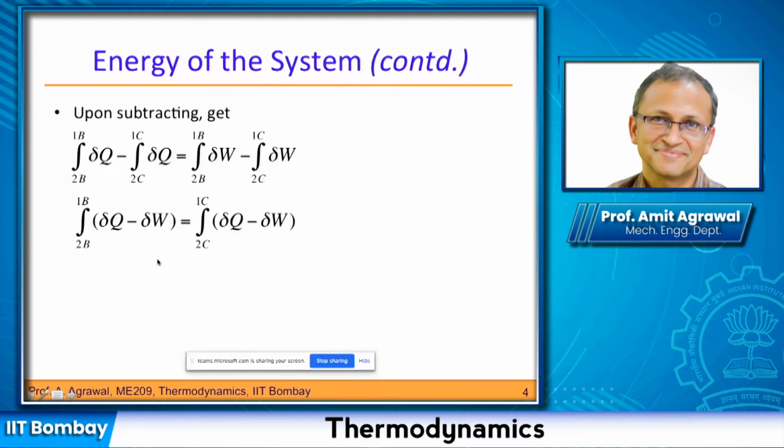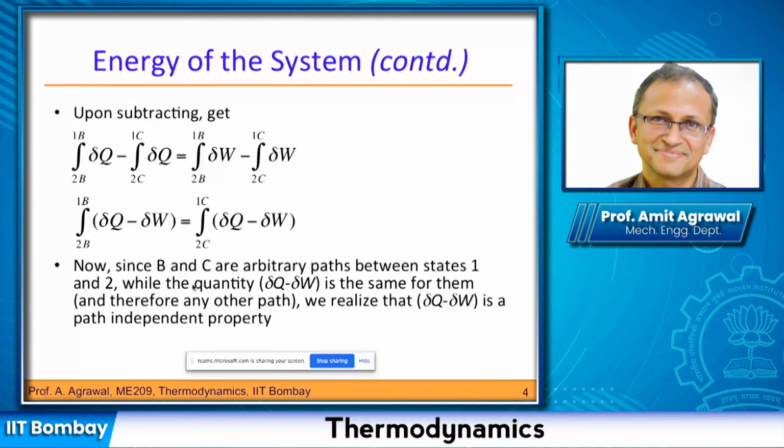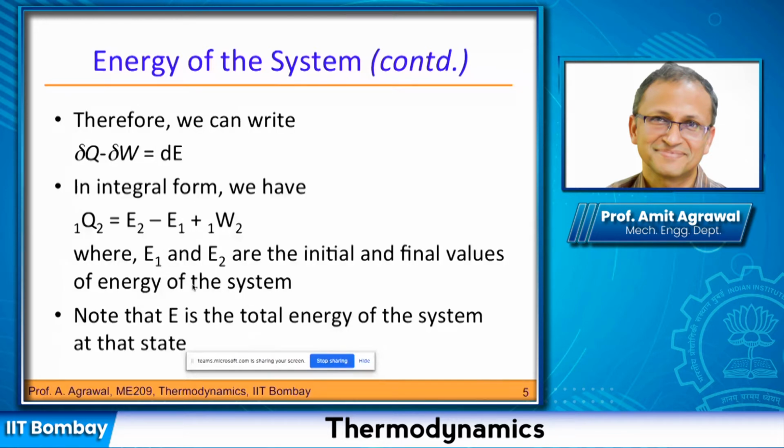And therefore, this is going to be a property which is going to be represented as the total energy E. So these are the alternate forms of the first law of thermodynamics that we had. The first equation, or if you integrate that, we have the second equation on this slide, which you can see here.